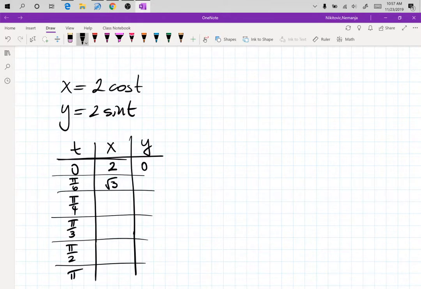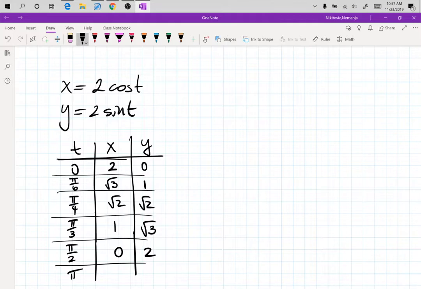And when I plug in pi over 6 into sine, I get 1/2, and then I get a 1 in there. Pi over 4 is root 2 over 2 when I plug in sine and cosine, so this is going to be root 2. Pi over 3 will be backwards pi over 6, and pi over 2 will be backwards from 0.